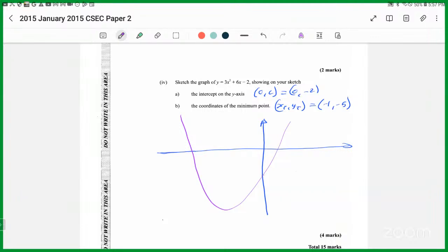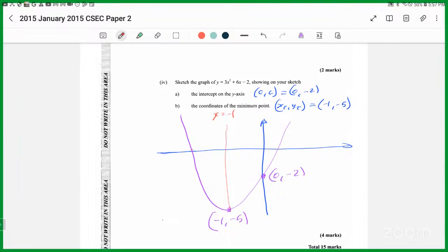Now that you know this, the y-axis intercept is your -2, and this minimum point is down here, -1, -5. It's a sketch. We want the axis of symmetry, which will be this line, x equals -1.